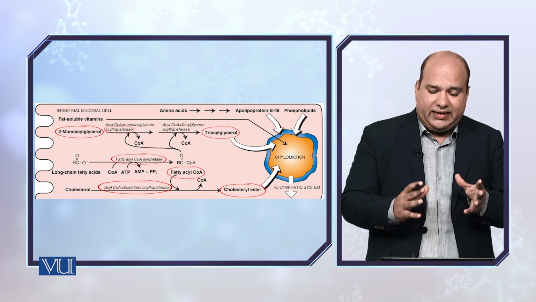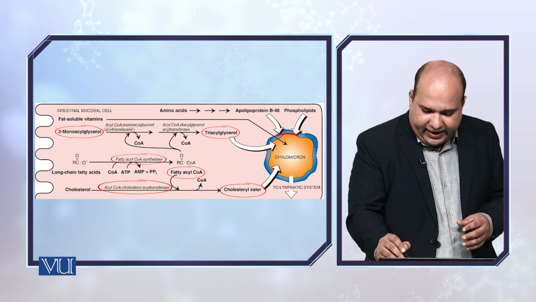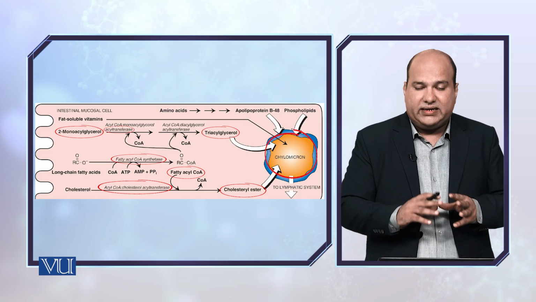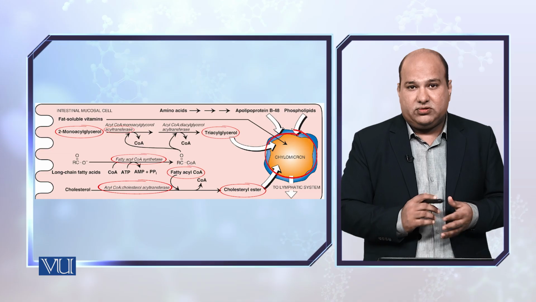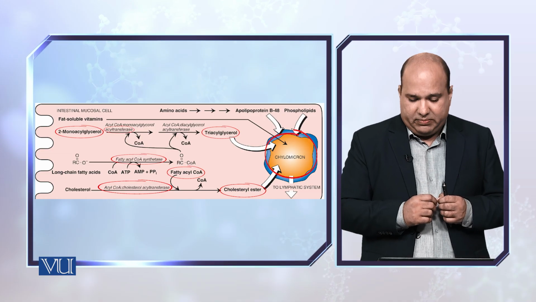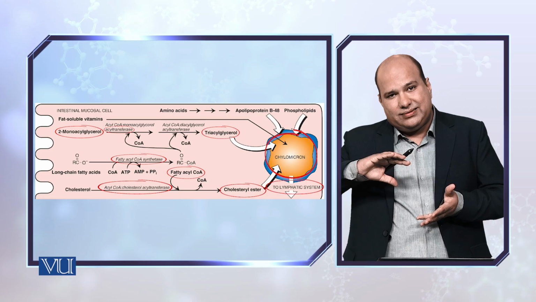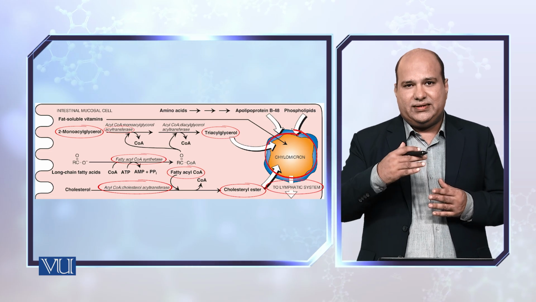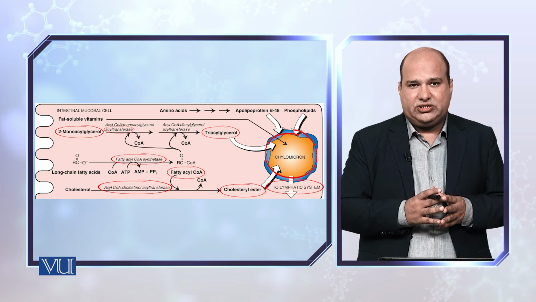So what will happen then? They will first be packaged into another very important structure, the chylomicrons, very important lipoprotein molecules. And these lipoprotein molecules then contribute towards their transportation to their final destination.